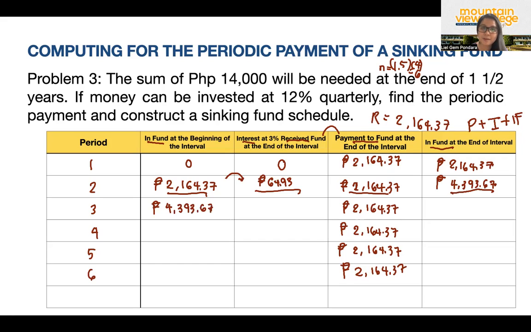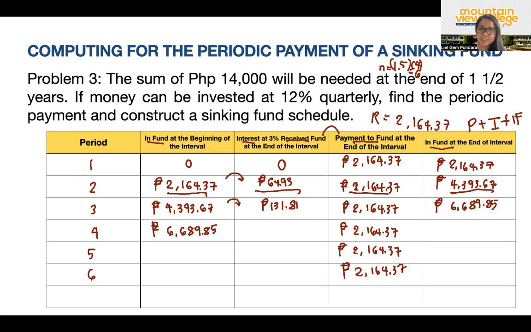It's our starting amount. Rovi, how much is the interest? 131.81. Very good. Vince, total savings. 6,689.85. I'll copy that one as the starting amount for the fourth interval.